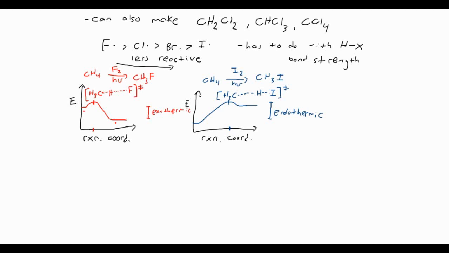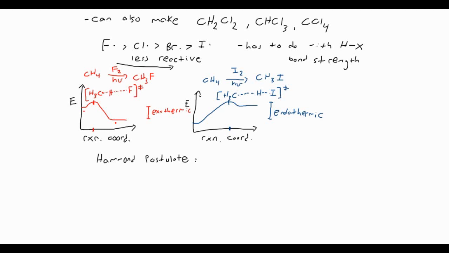And this relationship is what we call the Hammond postulate. And it's going to be important for telling us how different halogens react in the radical halogenation processes, but also in other reactions as well.